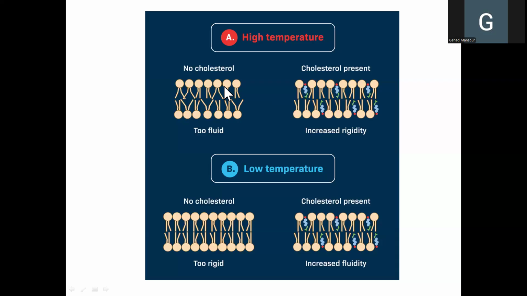So what is a phospholipid? It's a molecule that consists of a phosphate head, as you know from your study of the cell, and two lipid tails. The two lipid tails are made essentially of fatty acids.